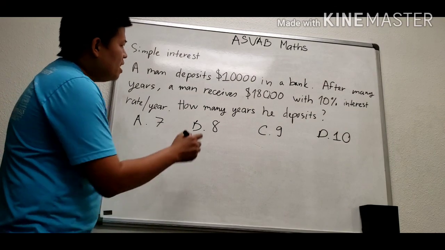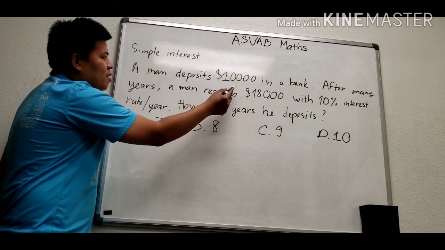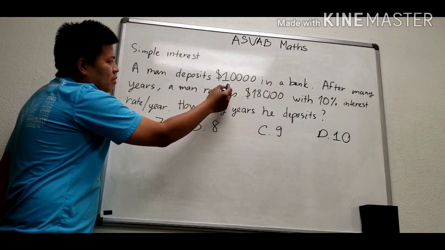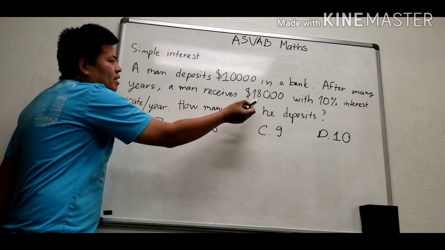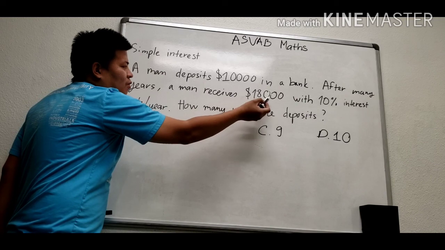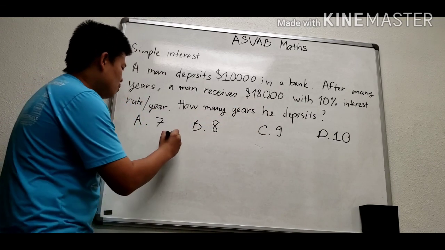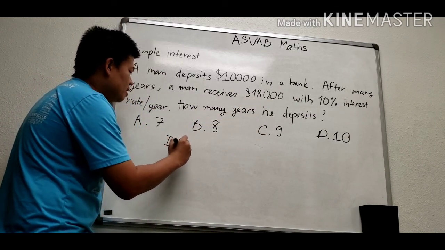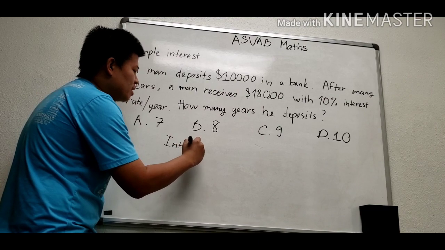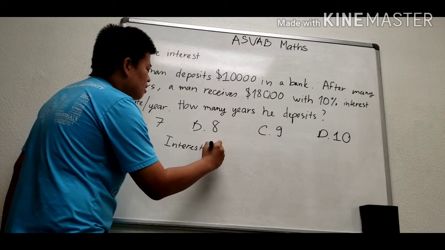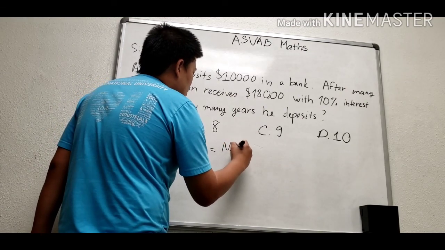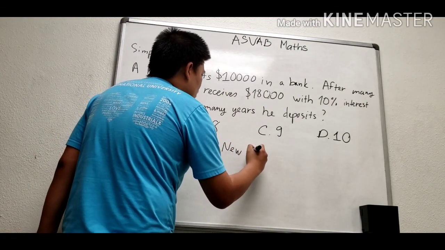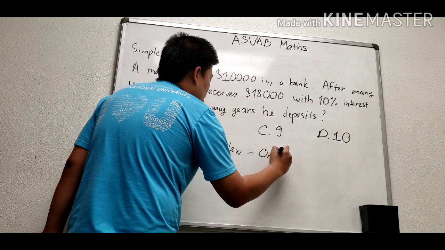So we know that at first we deposit 10,000, but after some years we receive 18,000. So we can calculate the interest in here. The interest is the new money minus the original money.